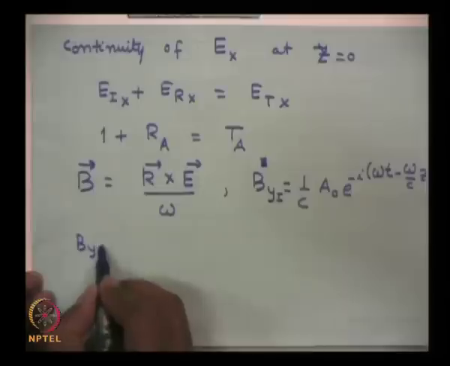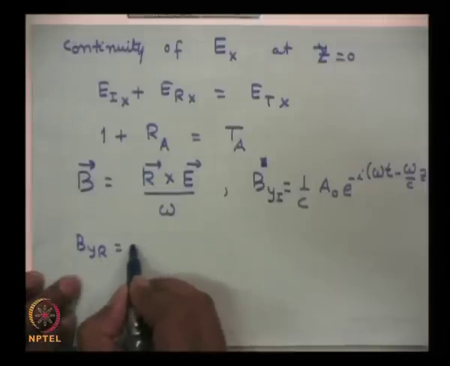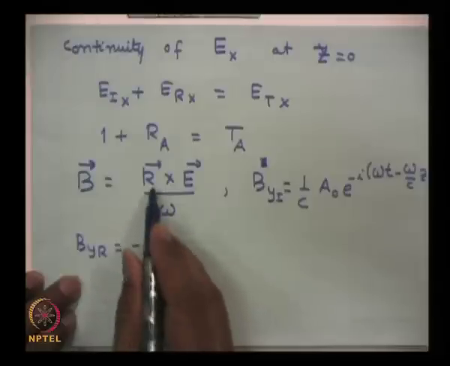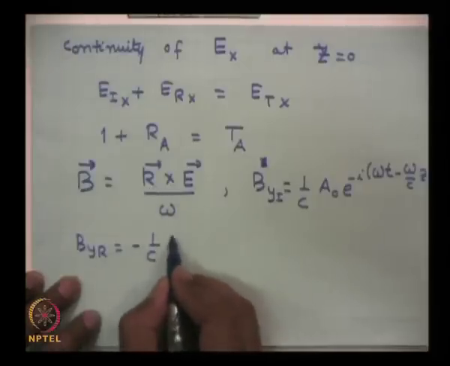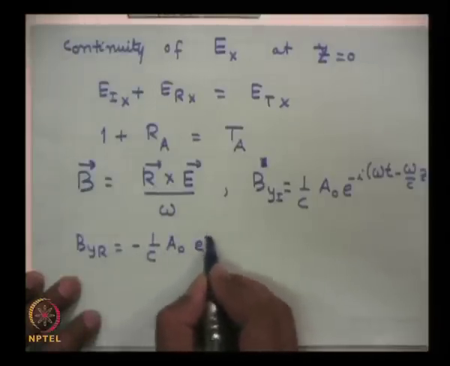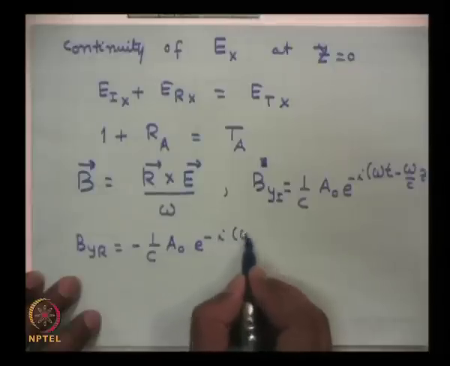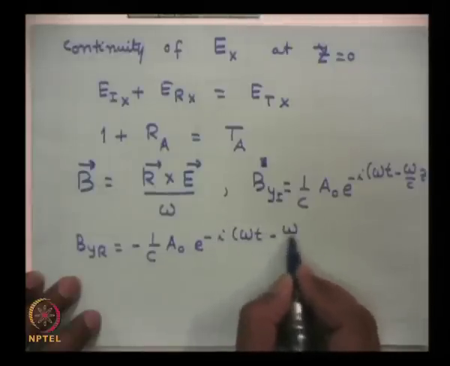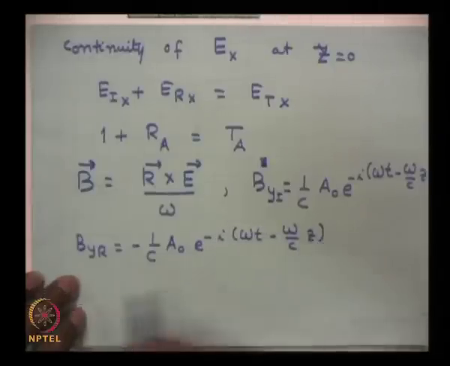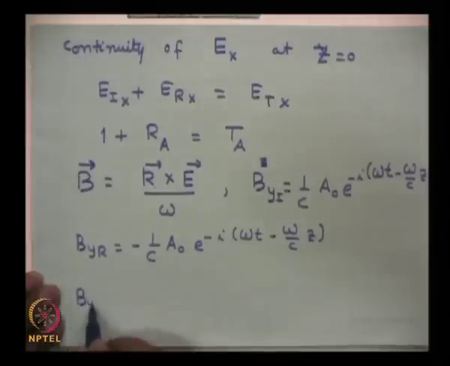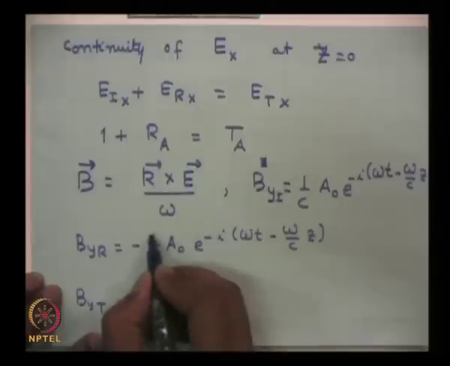By of the reflected wave I can write down similarly as minus 1 by C, because K reverses sign, into A0 exponential minus I omega t minus omega by C into Z, and By of the transmitted wave would be, this R also there, I forgot RA.